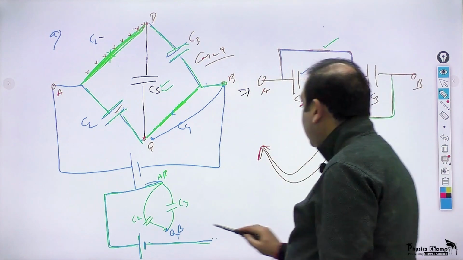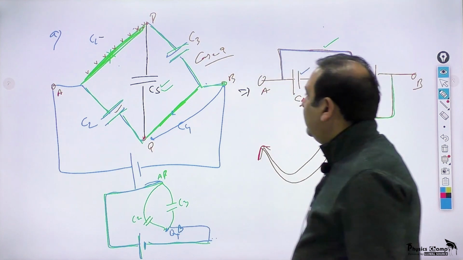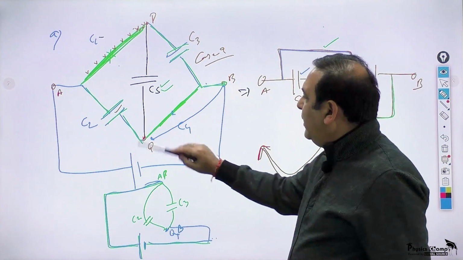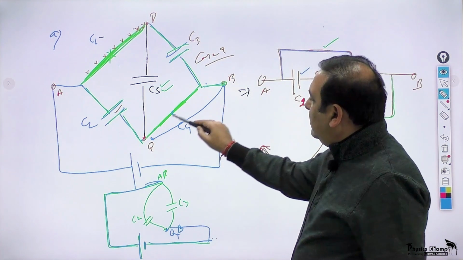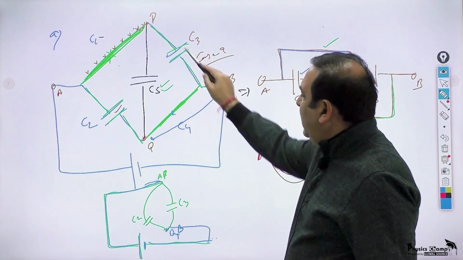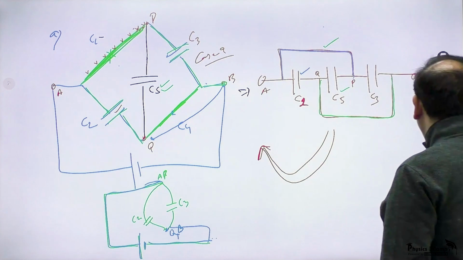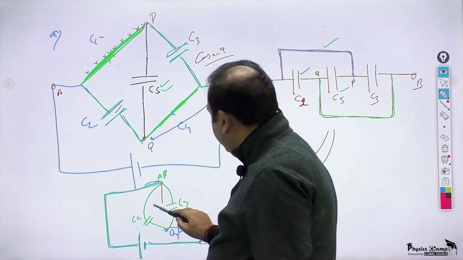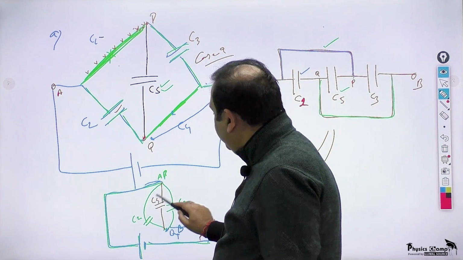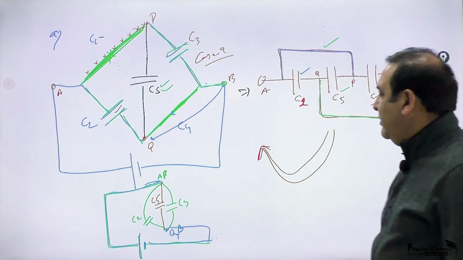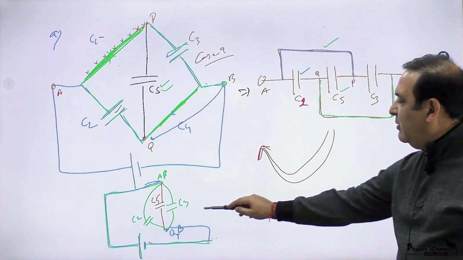Q and B are joined, and this has reached here. So P to C3, and between P and Q, you have already C5. Just compare this; this situation has reached here.